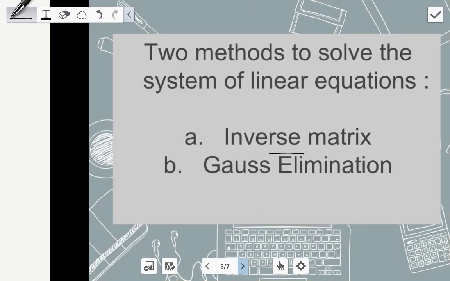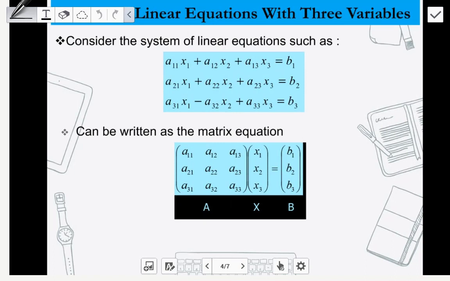Now, let's say we are given a system of linear equations with three variables. The three variables here are x1, x2, x3. You are given three equations and you are required to find x1, x2, x3. So what are we going to do? We're going to learn how to write this system of linear equations in matrix form.